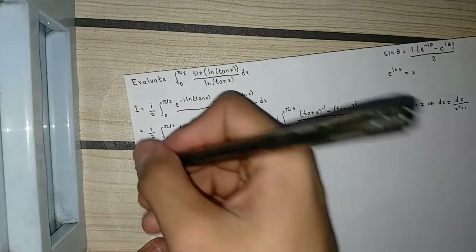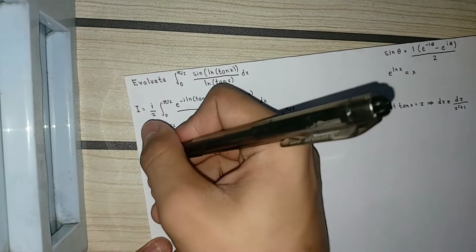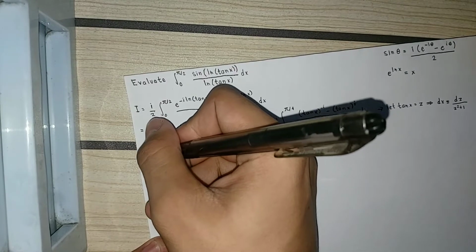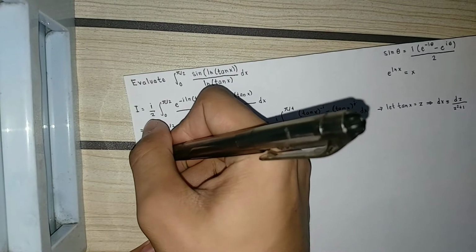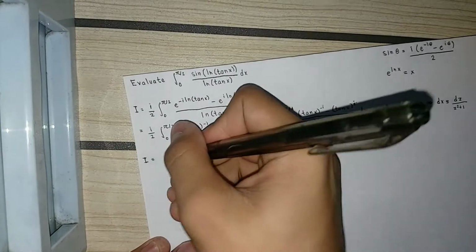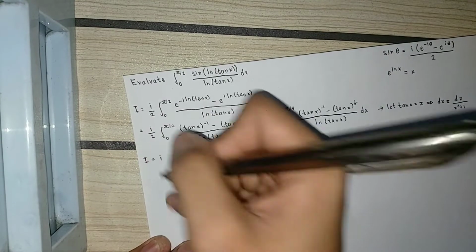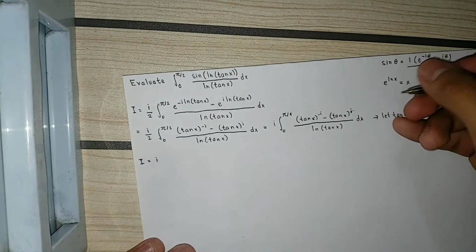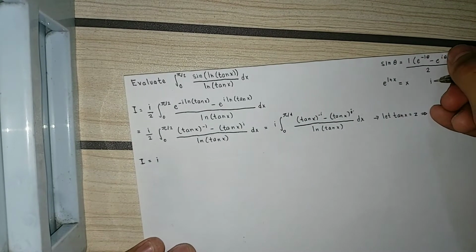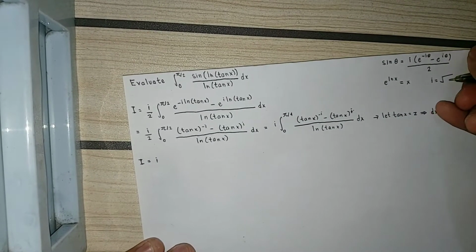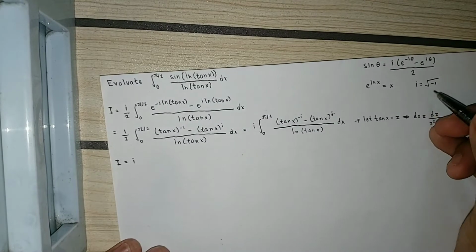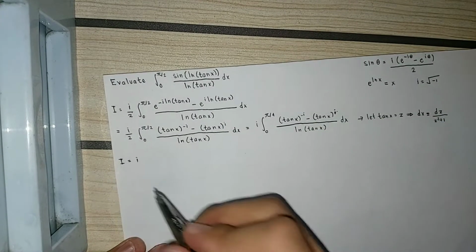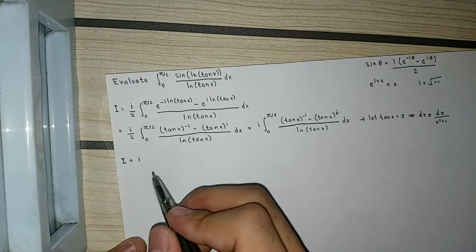So now we have our I is equal to i times, where i here is equal to square root of negative 1. So this is the value of i here, or basically the imaginary number.